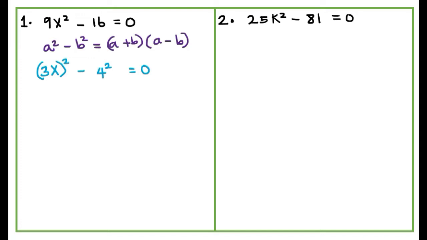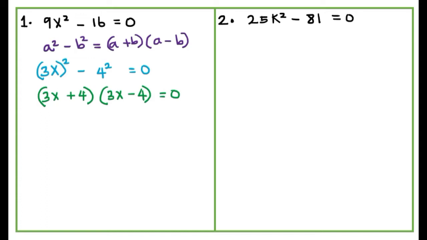Now, let's say that we have 3x plus 4 into 3x minus 4 equals 0.